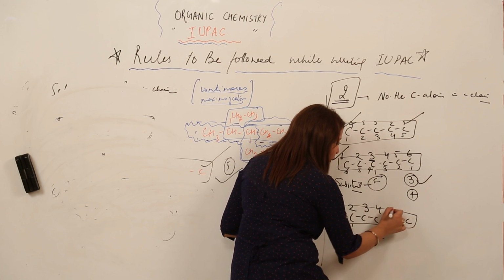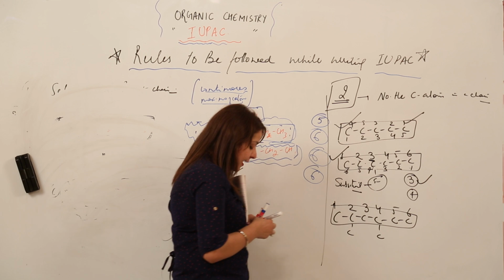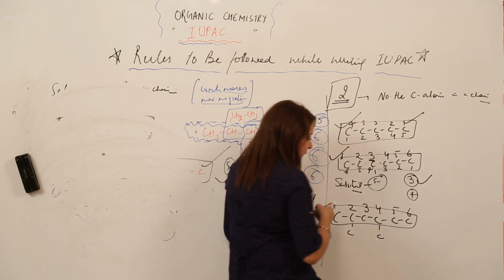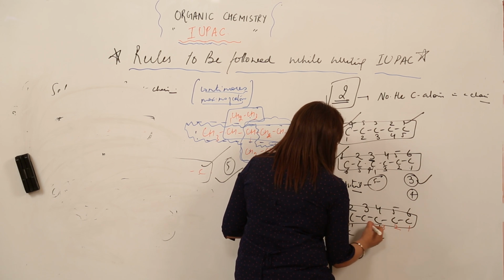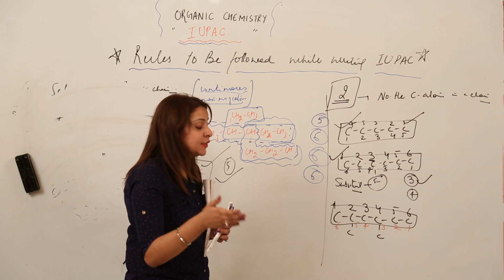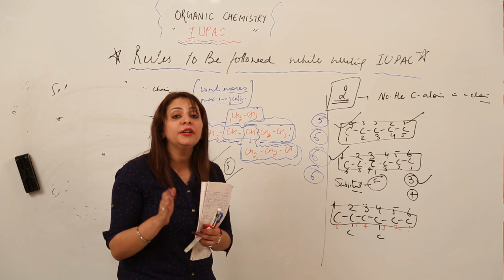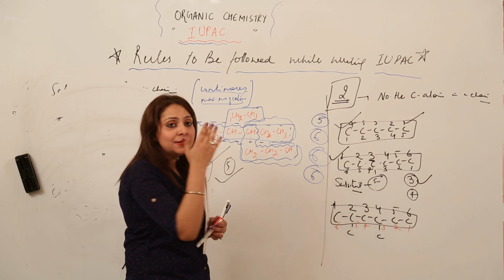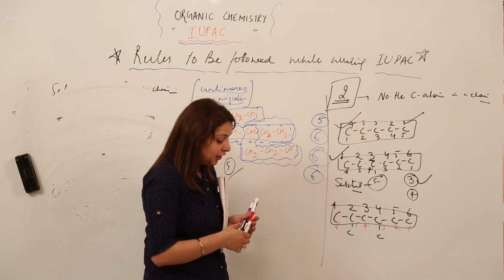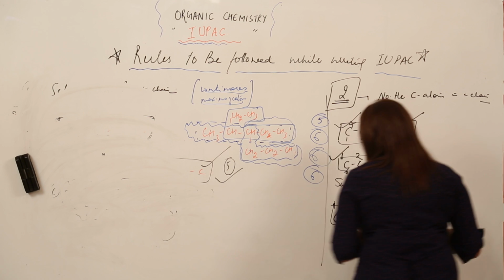1, 2, 3, 4, 5 and 6. And if I do it from the bottom, or from that side, it is 1, 2, 3, 4, 5 and 6. So what are the numbers of the substituents? You know that the substituents should get the lowest number. Let us see the case in which I have written the numbers in black.